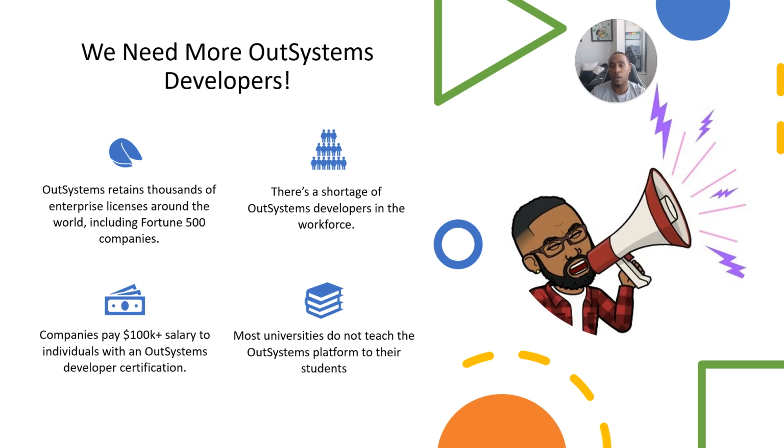Anyone who needs a suite of applications or even one really large application is a potential customer for OutSystems. And so they've done a great job in securing licenses with a bunch of different people who now need OutSystems developers.